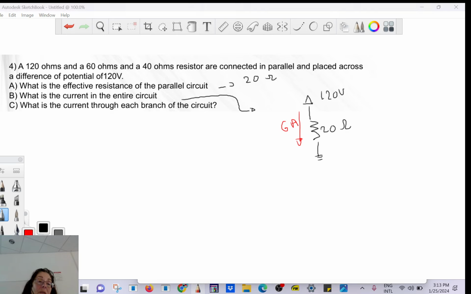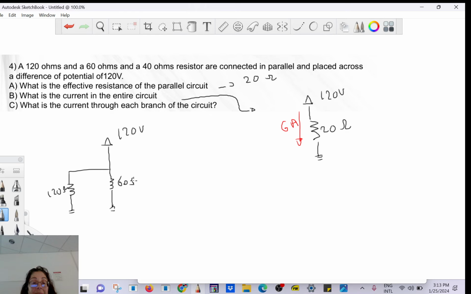For each branch, I can make another drawing. So 120 volt. I have my branches here. Boom, boom, boom. 120 ohms. And then I have 60 ohms. And then I have 40 ohms.